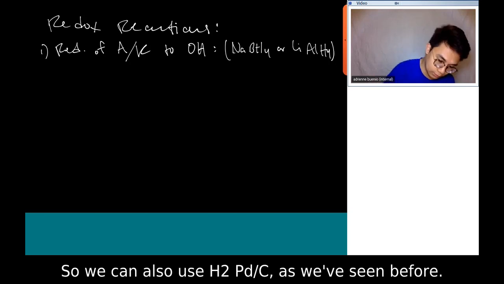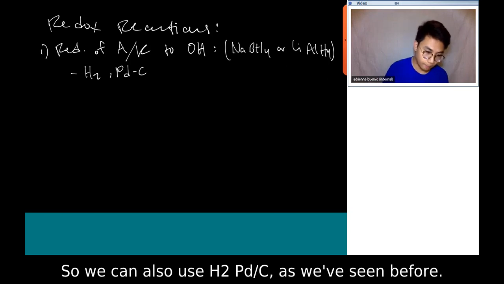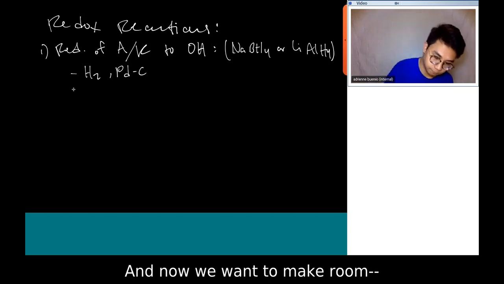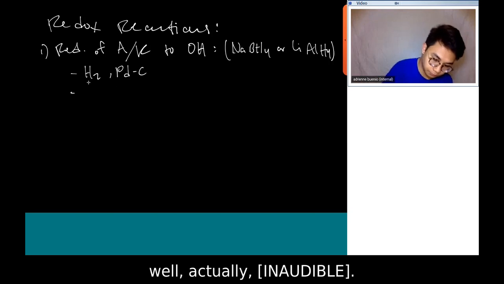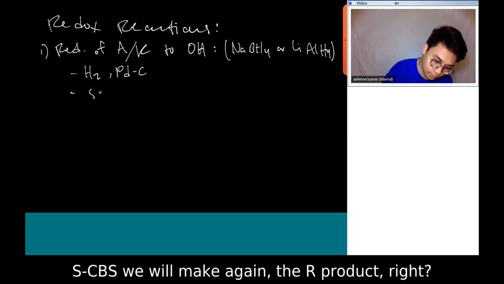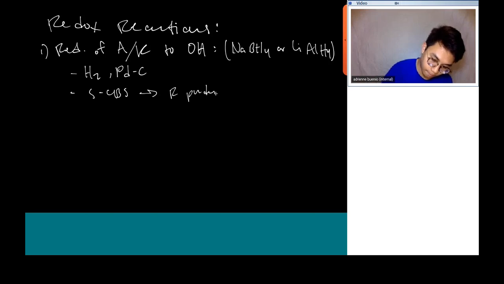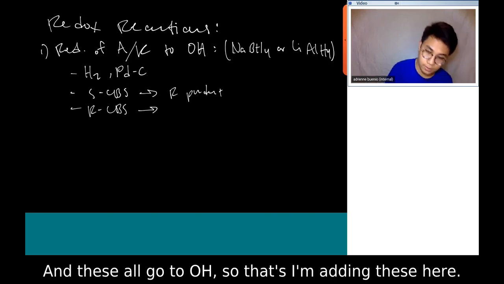So we can also use H2/Pd, as we've seen before, and I want to make room. Actually, okay, S-CBS, we'll make the S product, and R-CBS, the R product, and these all go to OH, so that's why I'm adding these here.